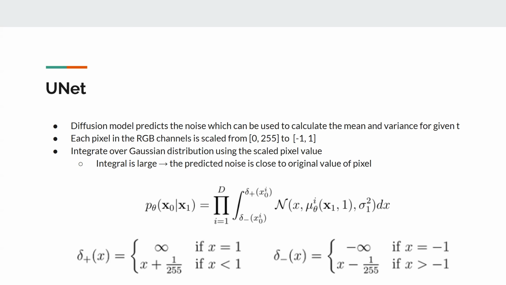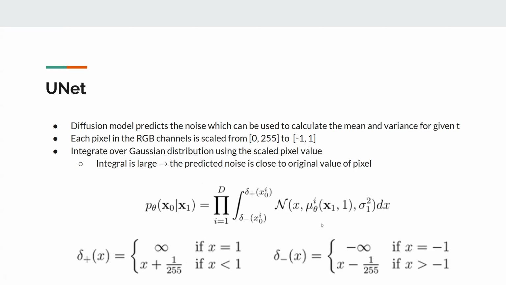And in the paper, going back to your question, Alex, for each pixel in the RGB channels, the authors scale the values from 0 to 255 to -1 to 1. Once these pixels are scaled, they integrate over the Gaussian distribution for each scaled pixel value, and the limits of these two are shown below.